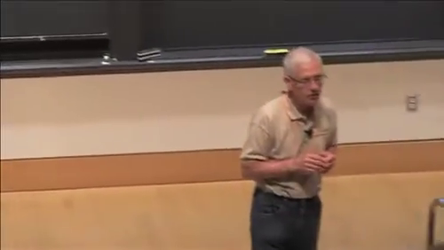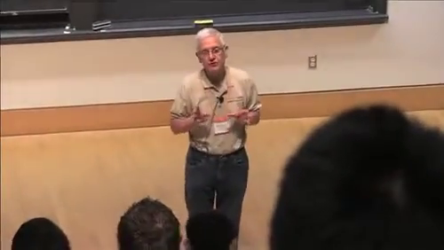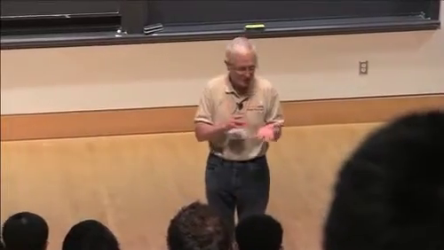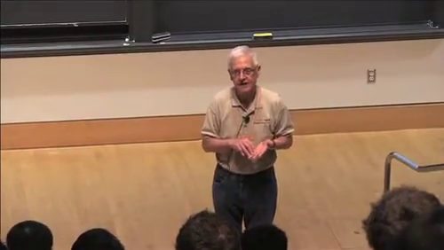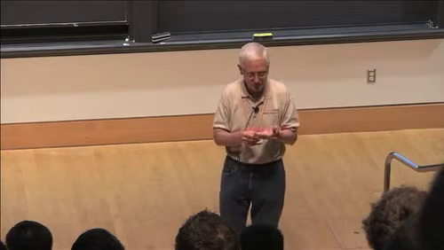Now, we spent a lot of time talking about individual chemical reactions, elementary reactions, the way in which we measure them, the way in which we calculate them theoretically, the way in which we put the two methods together.